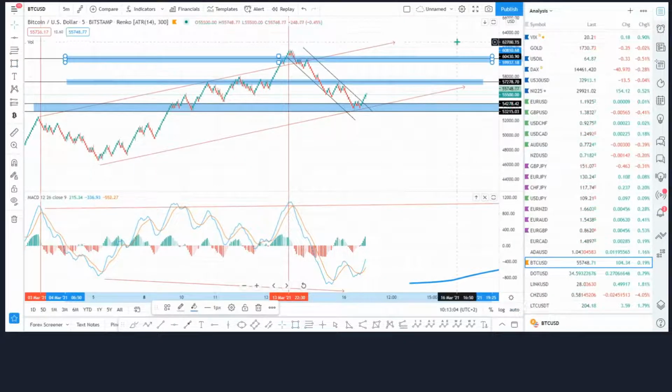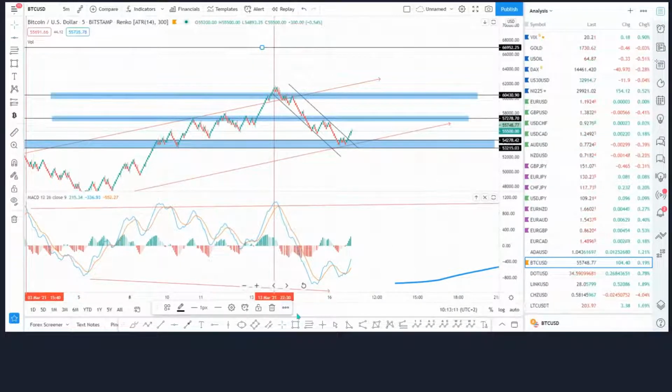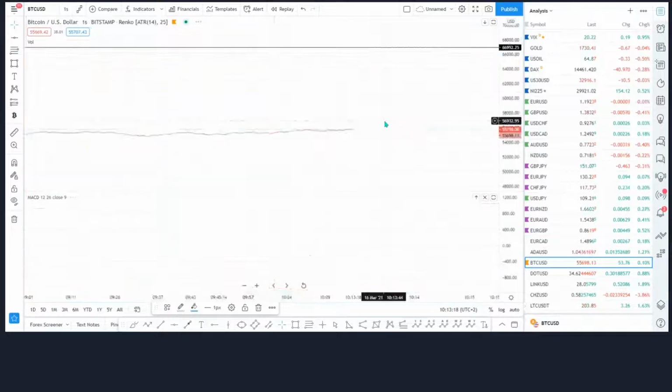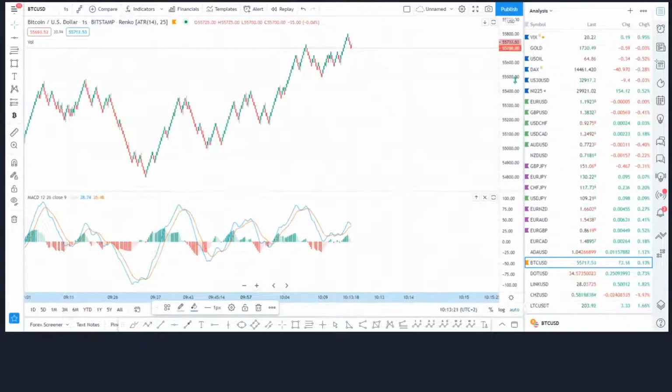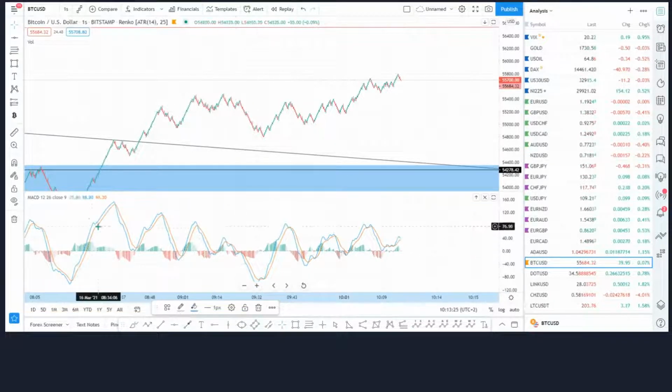Okay. My forecast is 67. So 66,900 is my second target. Okay, guys. Going back to the 1 second. I'm just gonna remove the MACD right here.